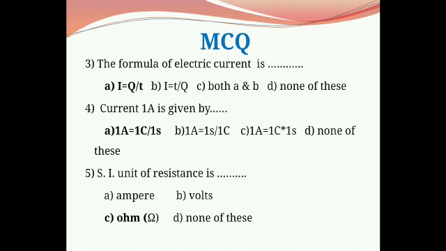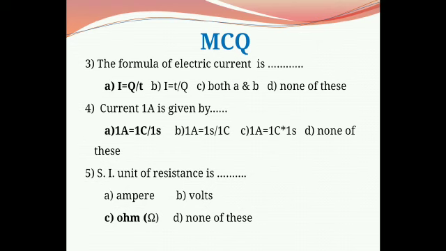As we know the formula for electric current, I equals Q upon T, when we put the value of charge as 1 coulomb and time as 1 second, it gives electric current equal to 1 ampere. Therefore option A is correct, that is 1 ampere equals 1 coulomb upon 1 second.